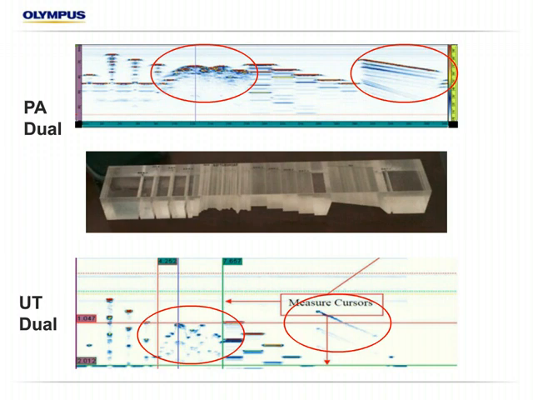The bottom is actually a UT dual transducer put into a small buggy with an encoder and run down the entire length of the block. We can see on the flat milled parts it does really well. Here we're only using 1 ultrasonic beam. And on the stair step we have a pretty good representation of all those reflectors.